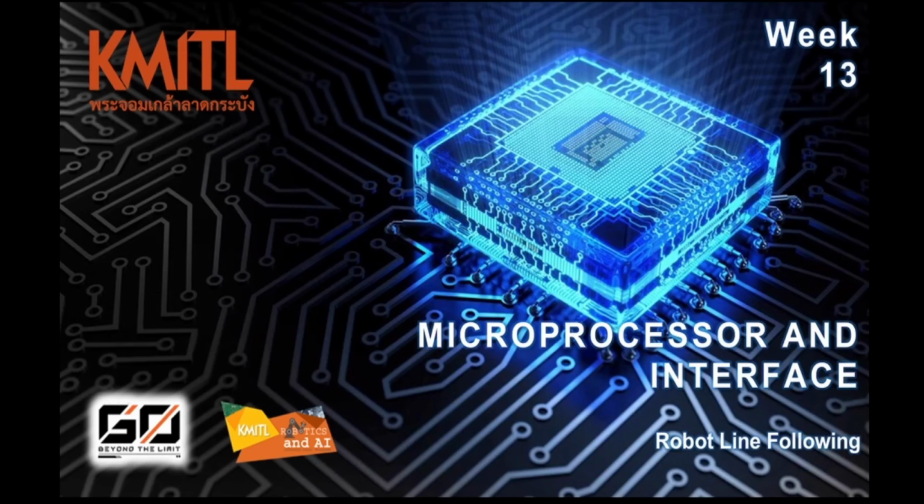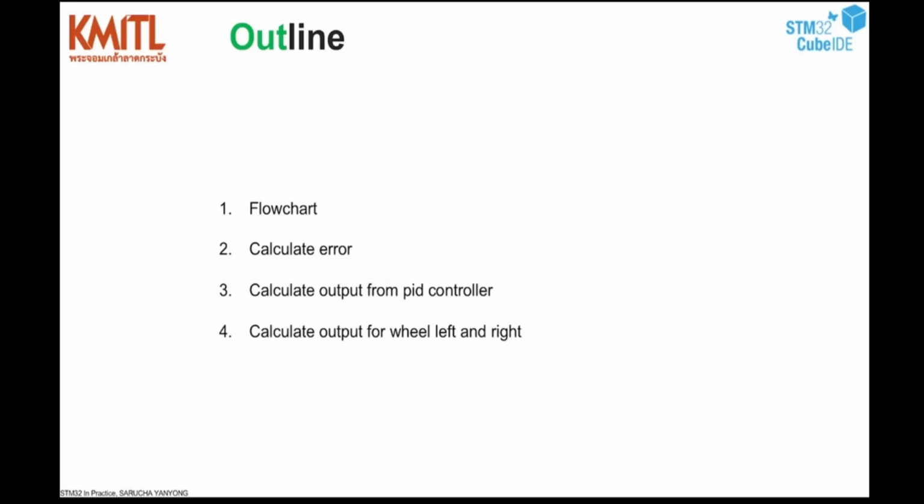Today we're going to learn about an advanced line following robot. It's different from the previous line following robot that you did in the programming lecture. Firstly, I will give you the flowchart, the concept of the advanced line following robot.